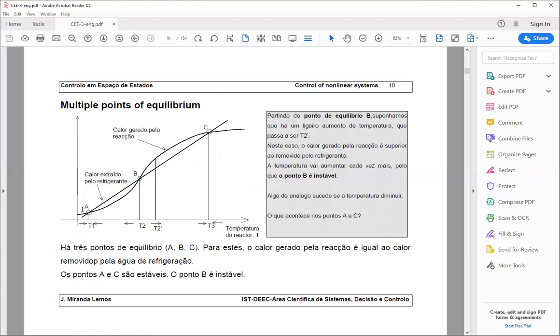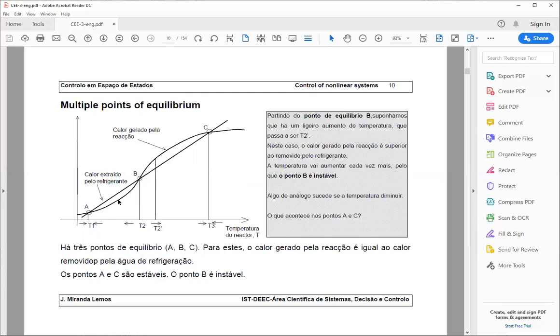And then you have this S-shaped line. We call it a sigmoidal line because of its S shape. It's just a name. That represents the heat generated by the reaction, and it has an S shape because of that funny dependency on an exponential function of the temperature, the so-called Arrhenius law that I mentioned before.